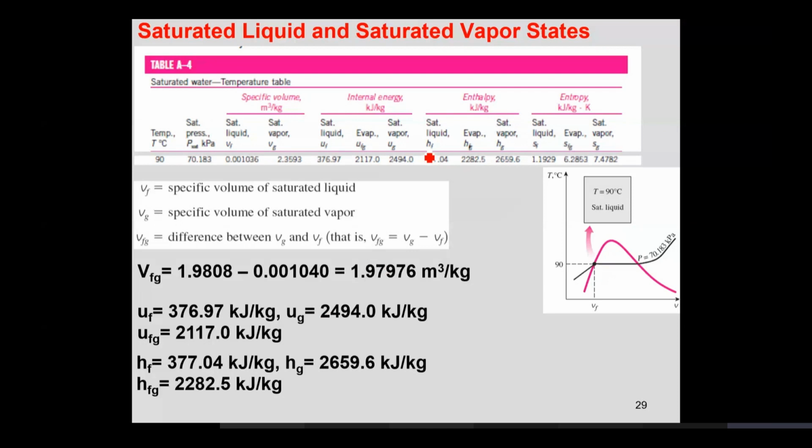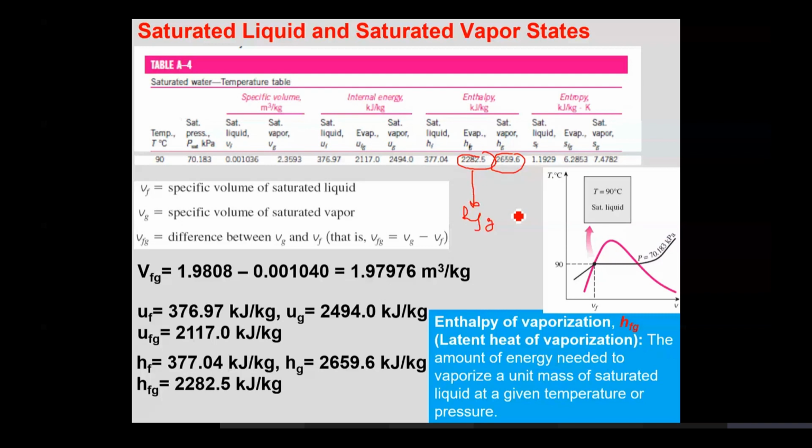And this hfg, which is 2659.6, sorry, hfg is 2282.5. This value hfg is basically the latent heat of vaporization. It is the amount needed to vaporize a unit mass of saturated liquid at a given temperature and pressure.